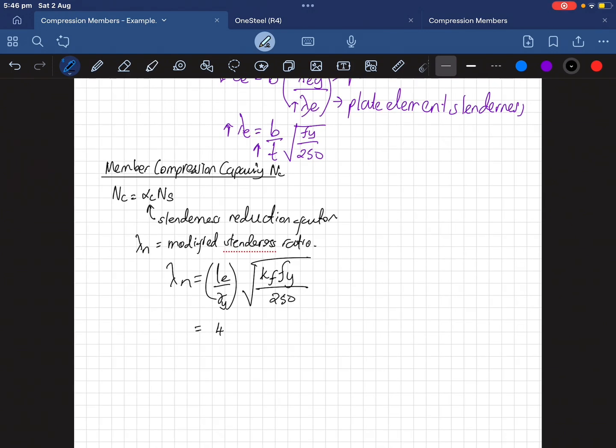So we have lambda n equals... remember, we're going to work in newtons, millimeters. Newtons and millimeters, always remember that. So we have 4 meters, which is basically 4,000 millimeters.